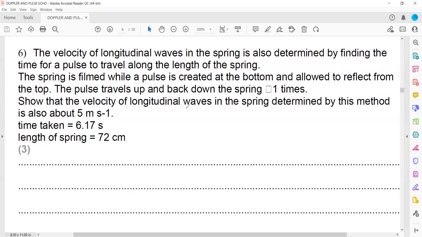Show that the velocity of a longitudinal wave in a spring determined by this method is about 5 meters per second. The time taken is 6.17 seconds, and the length of the spring is 72 centimeters.